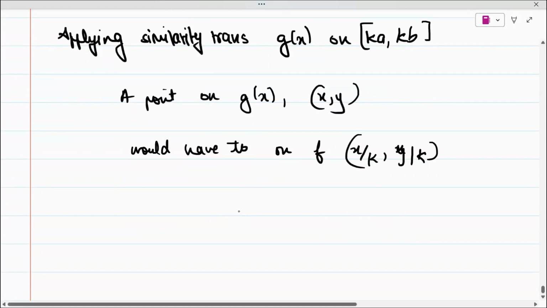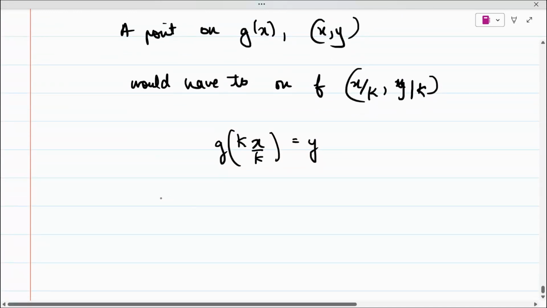Think about it. So the similarity transformation K of X is equal to Y. But that same point would have to be Y of K, and F of X by K, because it has to be on the same point.